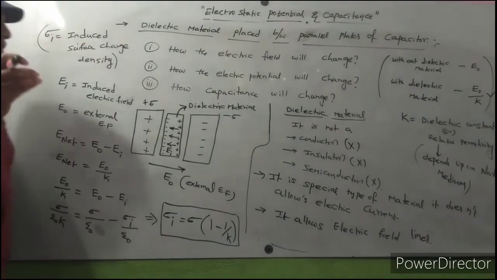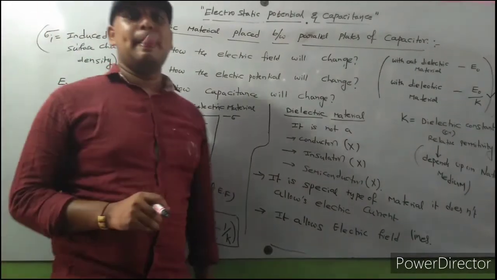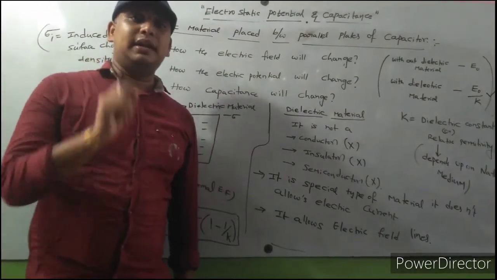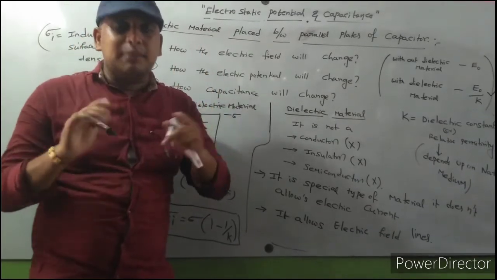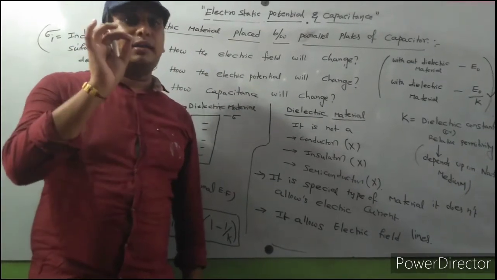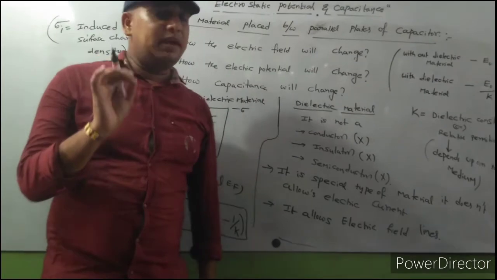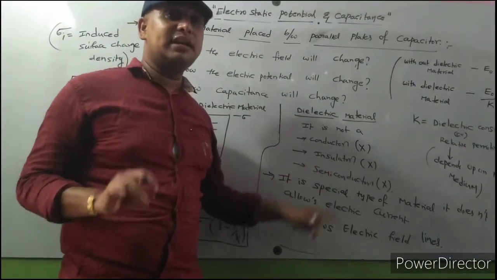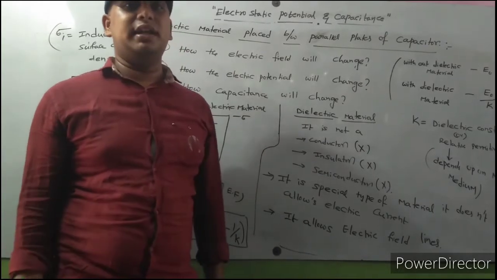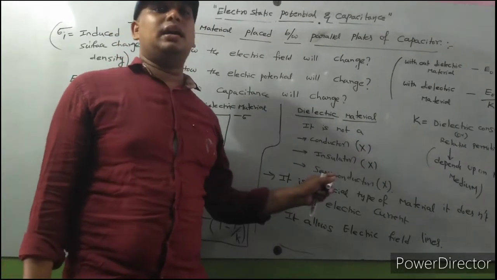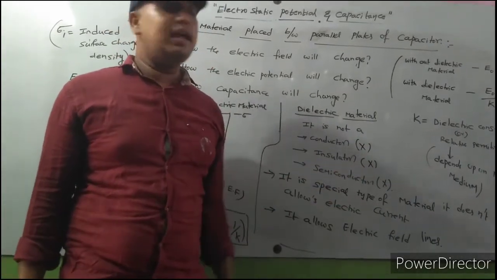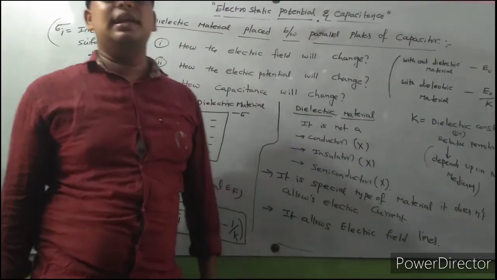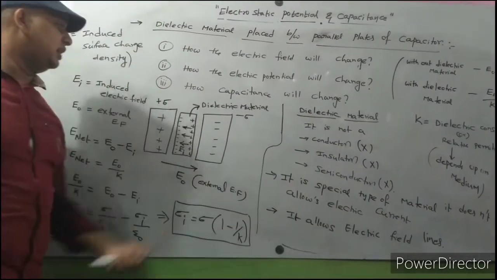So again I recapitulate. Please observe carefully. Whenever dielectric material is placed between the parallel plates, what is the dielectric material here? It is not a conductor, not an insulator, not a semiconductor; it is a special type of material. It allows electric field lines, it does not allow electric current. This is the external electric field.